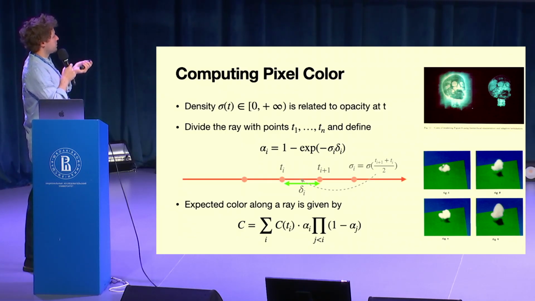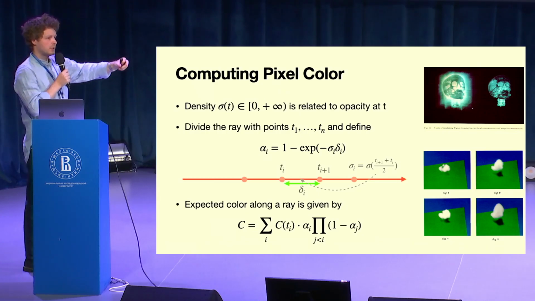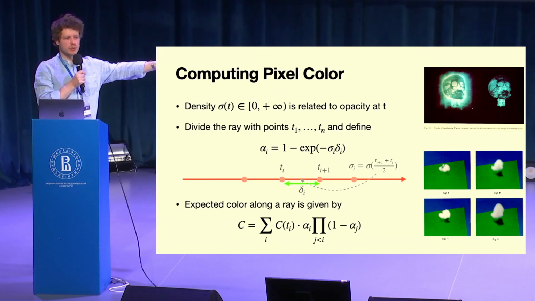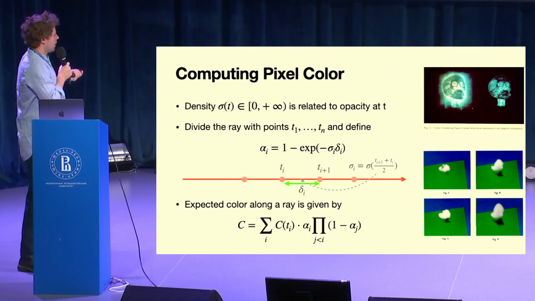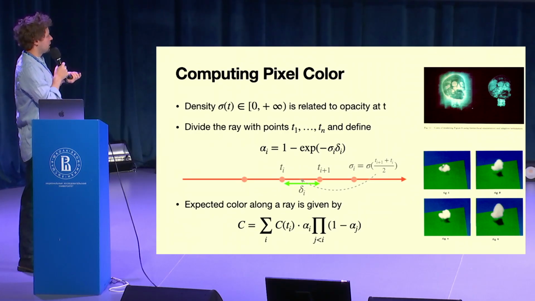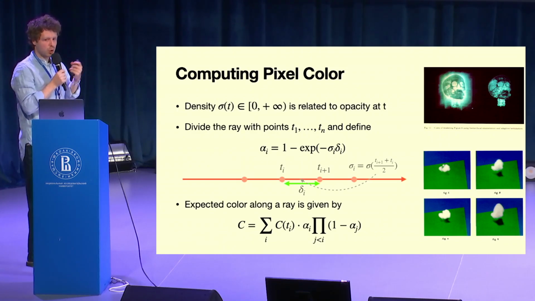And after computing those alpha coefficients for each point on the ray, we want to compute the color on the ray. And this color is computed with this formula, which computes the color at segment i, and then multiplies these colors by a weight coefficient.